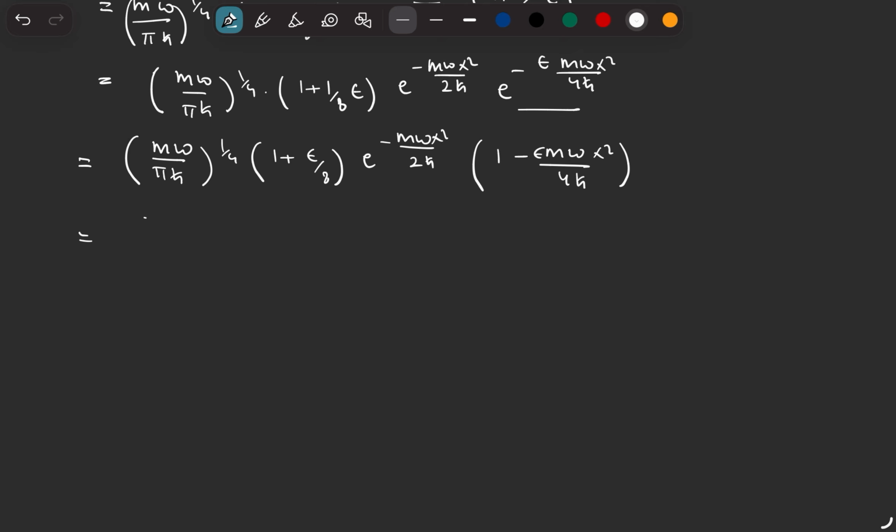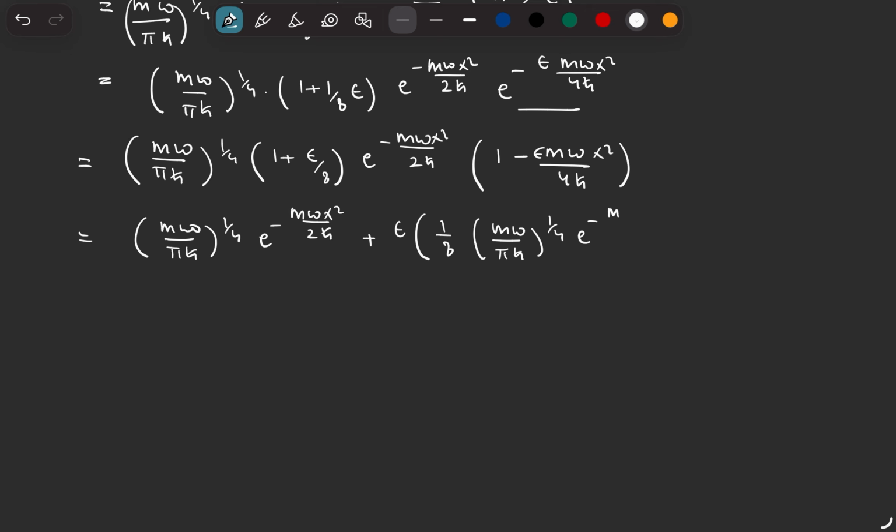So first we always have our wave function back, which is good. And then we have epsilon by 8. Let me take epsilon here, and then we have 1 by 8 (m omega upon pi h bar) to the power 1 by 4, e to the power minus m omega x squared upon 2 h bar.